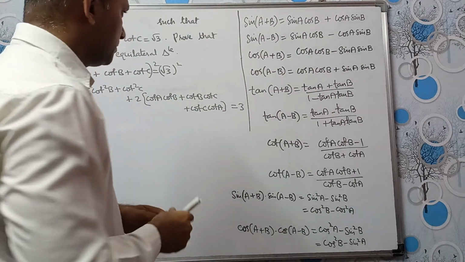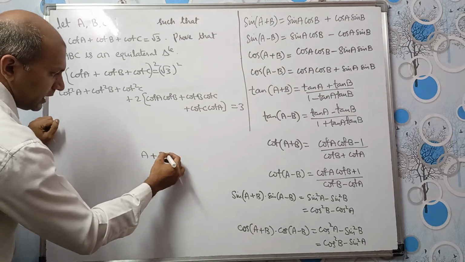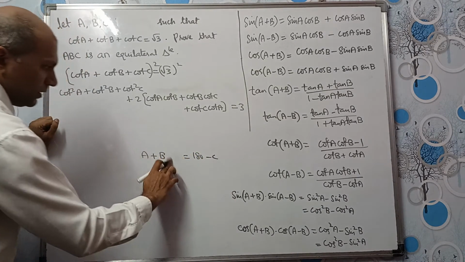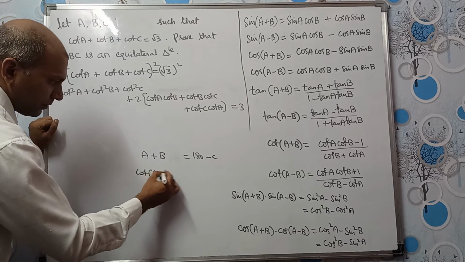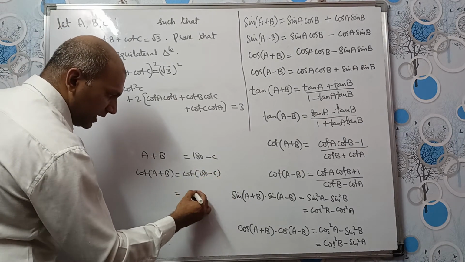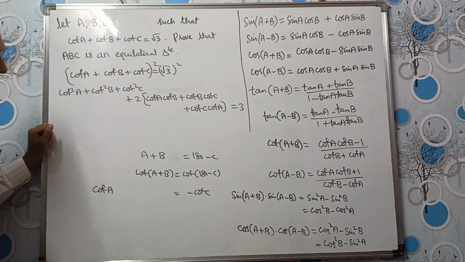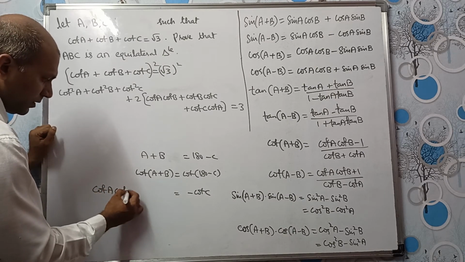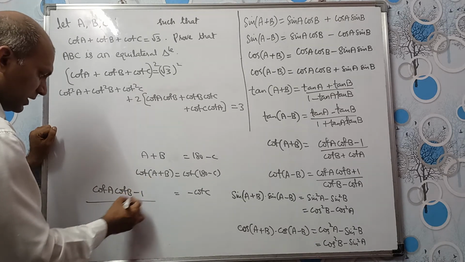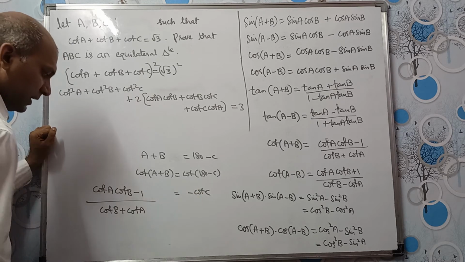In the previous problem, what did we get? See, if A, B, C are angles of a triangle, we wrote it like this, right? A plus B plus C is 180 degrees and C goes on the other side. And if you apply cot on both sides, cot(180 minus C) is minus cot C, and here cot A cot B minus 1 by cot B plus cot A, right?